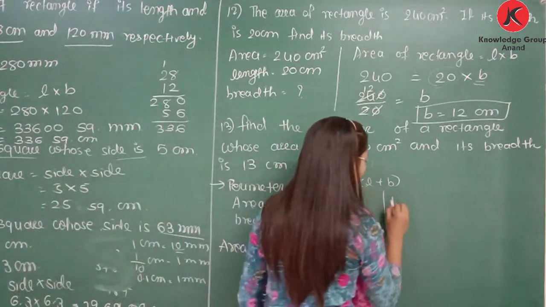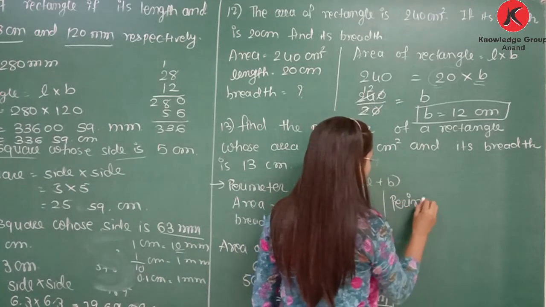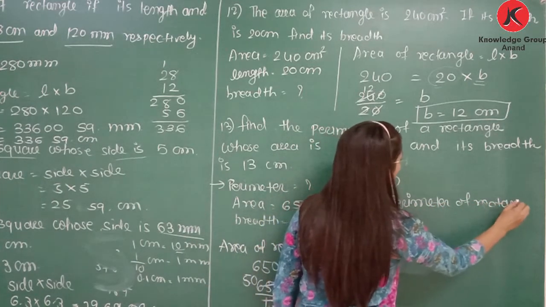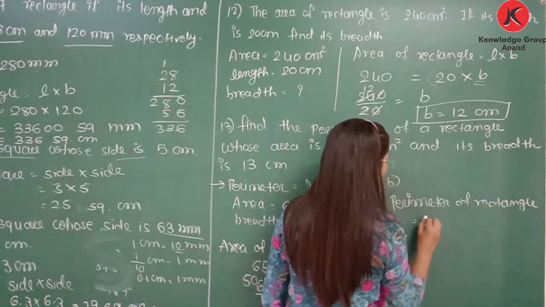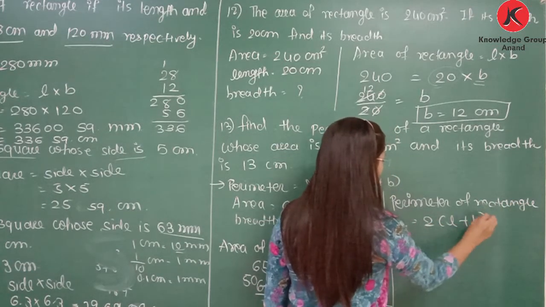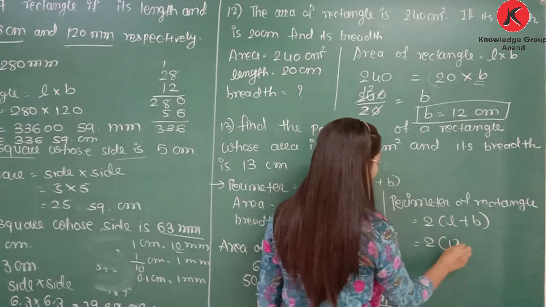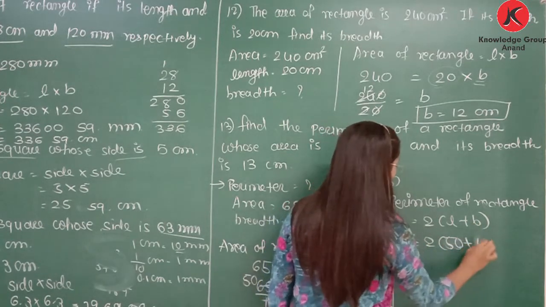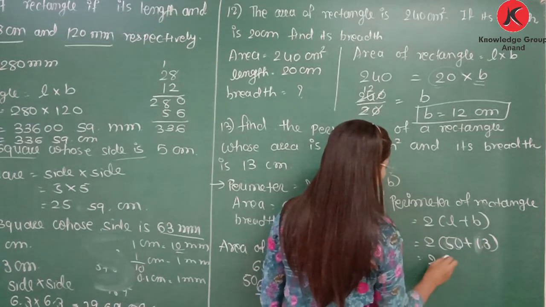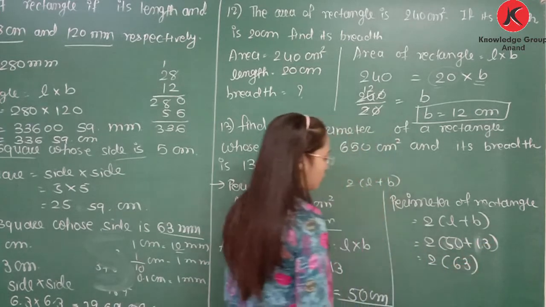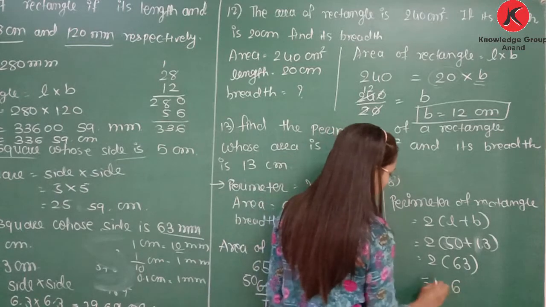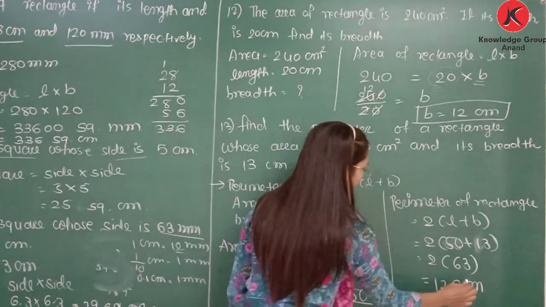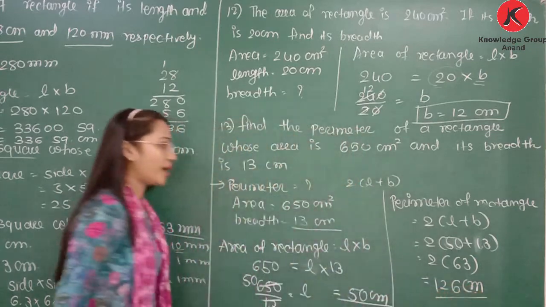So perimeter of rectangle is 2 inside the bracket length plus breadth. Length is 50, breadth is 13. So that is 63. 126 centimeters. That is what? Perimeter of rectangle.